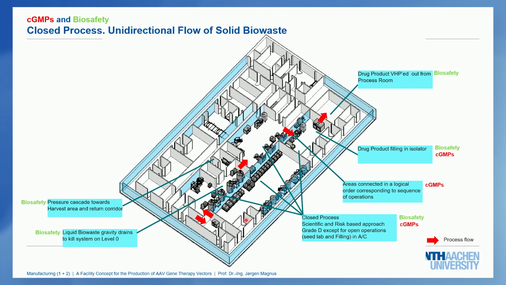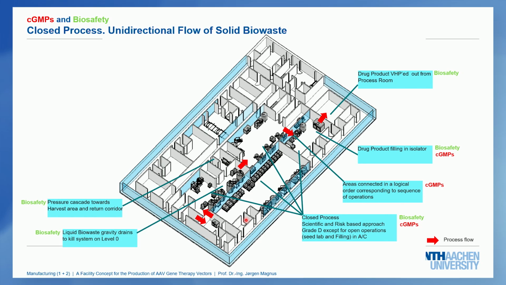So for instance, you might have zero pressure in the airlock, and then maybe plus 15 pascals in the corridor and plus 30 pascals in the production room, and that will give you this directed flow, so that you have considered both the biosafety aspects as well as the GMP aspects with the design of airlocks as sinks.